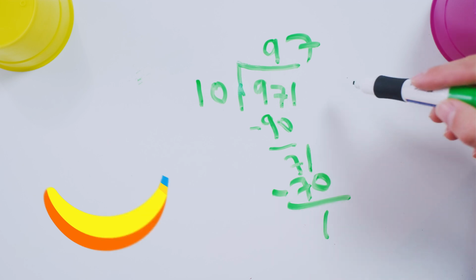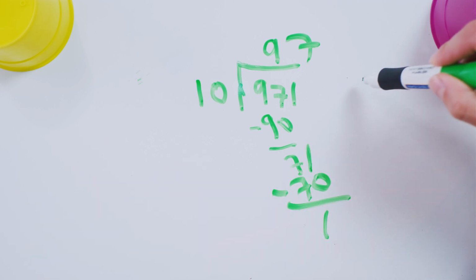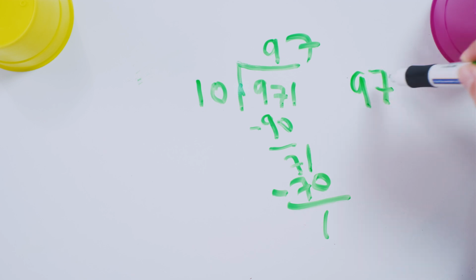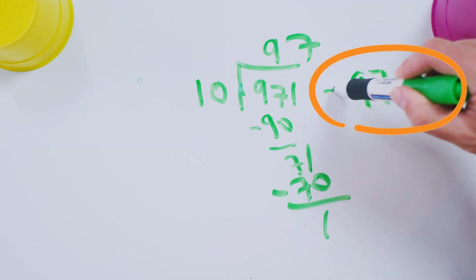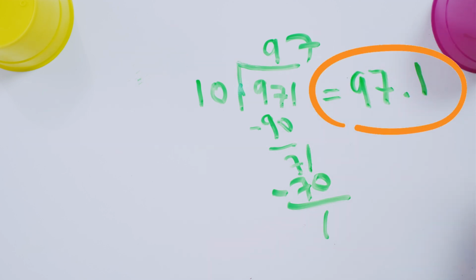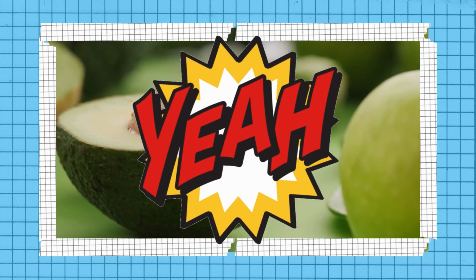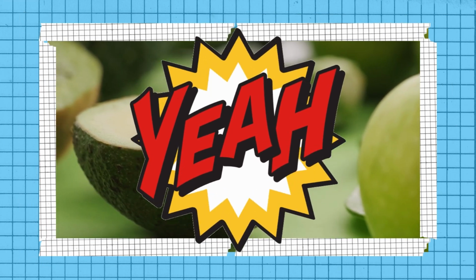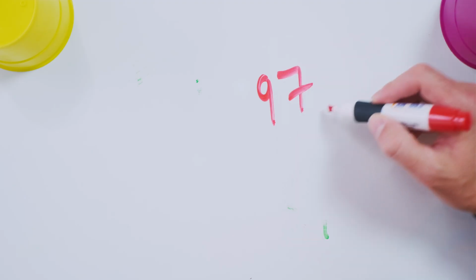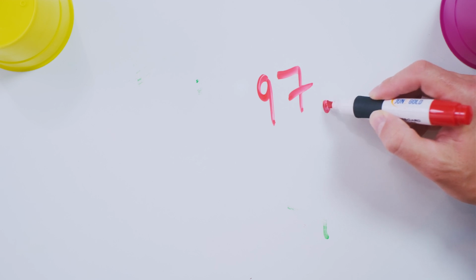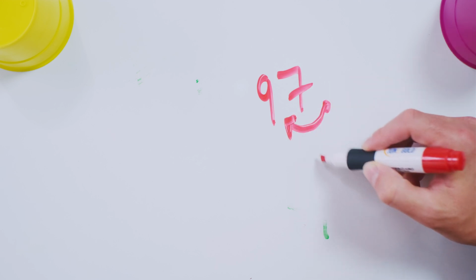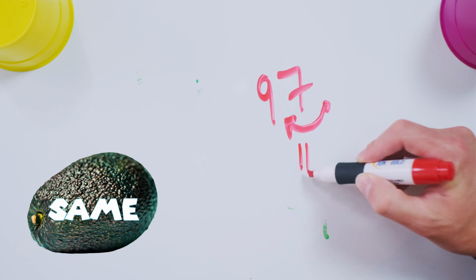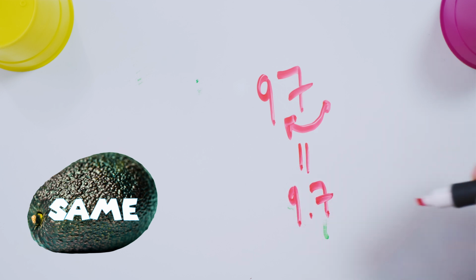So 97 with a remainder of 1, also known as 97.1. Almost like the decimal suspiciously moved over. 97, you divide by 10, you take that decimal and put it right there to get 9.7.